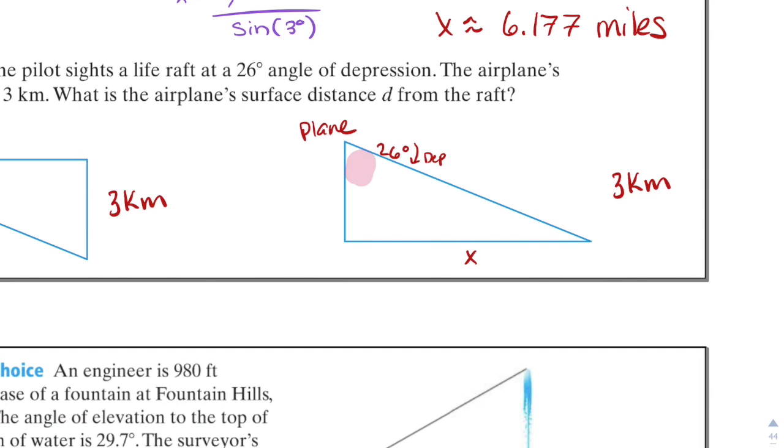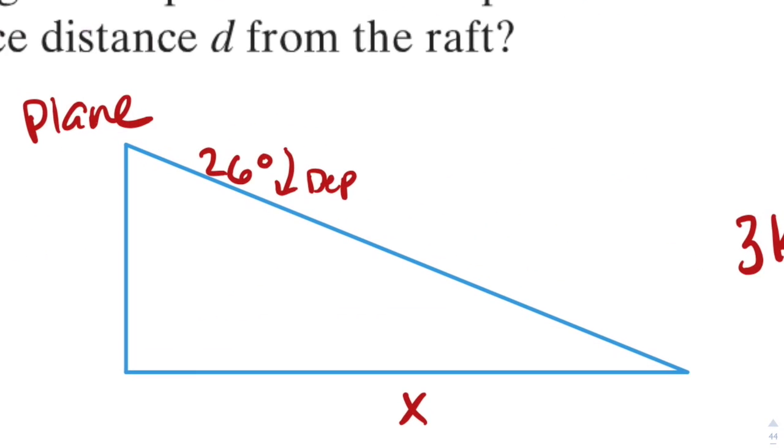It's 90 minus 26. Or, knowing what we know from before, the angle of depression is equivalent to the angle of elevation. So let's move this 26-degree angle over here and make it an angle of elevation. You have one or the other you can set up for.